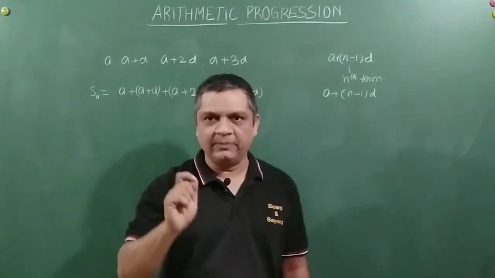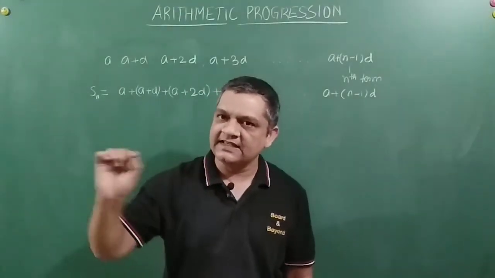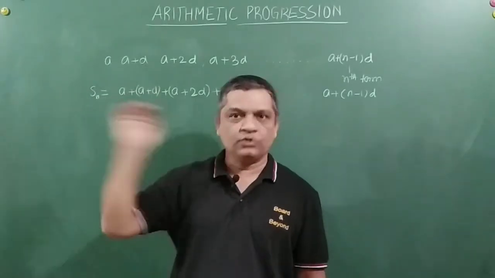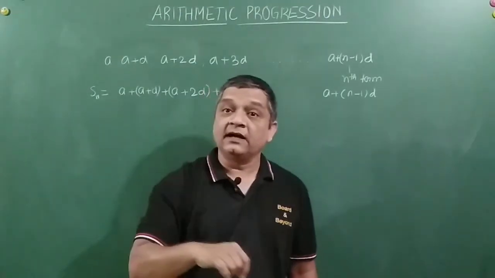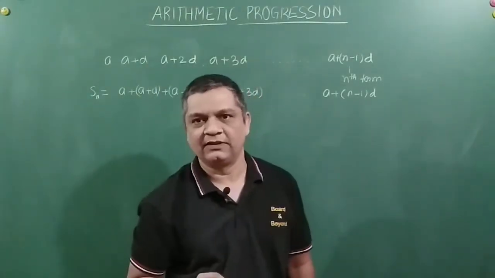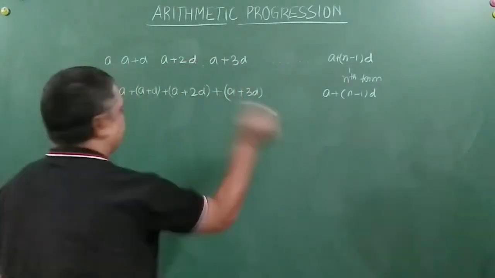That means if you count it, it is 1, 2, 3, 4, 5, 6, 7, 8, 9, 10 up to n, right? Those are the n terms, the number of terms, and the nth term is nothing but the last term. That is the difference between the two. Please don't get confused between n terms and the nth term, right?